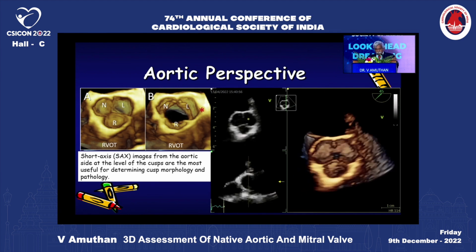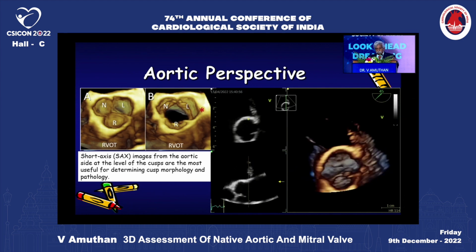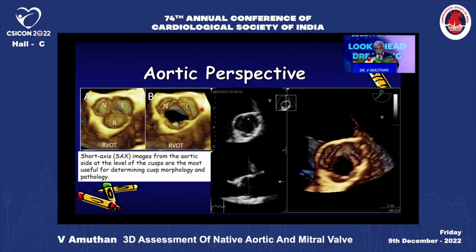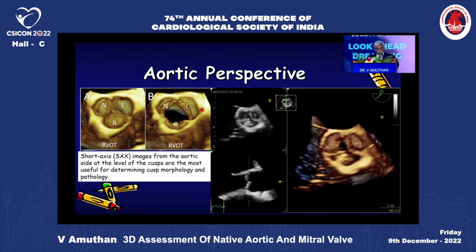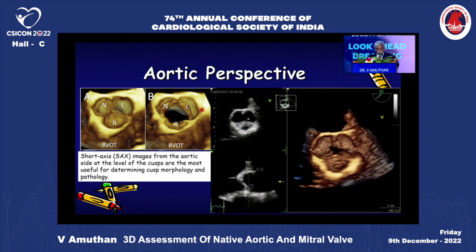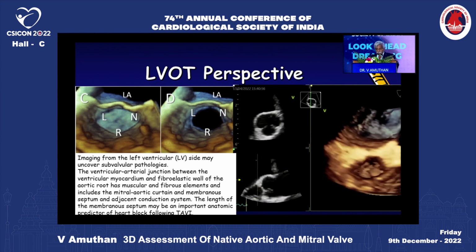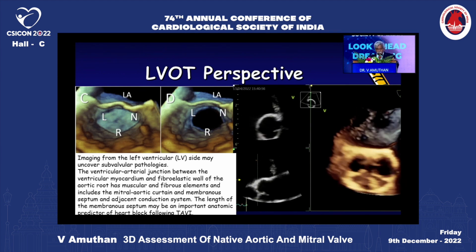So, aortic valve, again, I told you, can be viewed from the LVOT side as well as from the aortic side. So, both sides. This short axis image of the aortic side at the level of the cusp is the most useful for determining the cusp morphology and pathology. Again, you can view from the other side, that is the LVOT perspective.